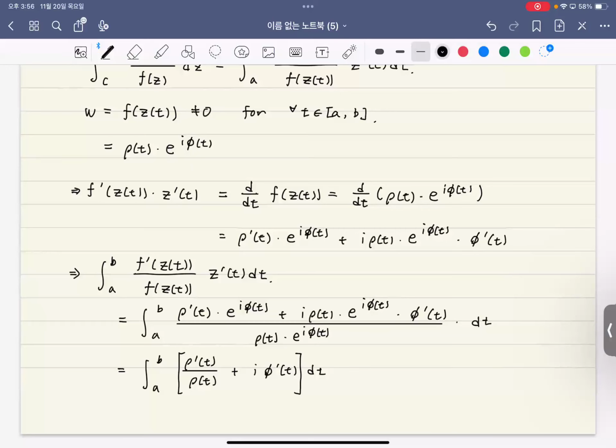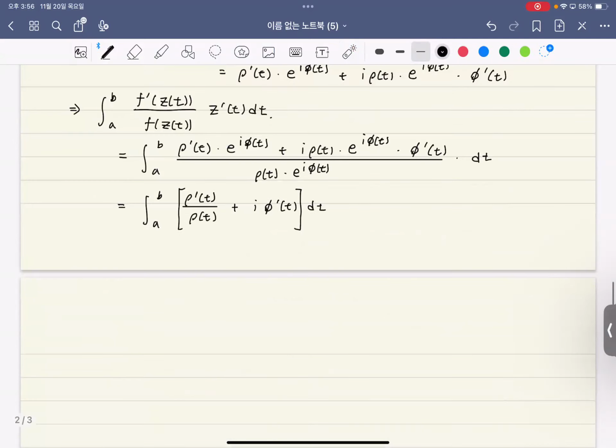Okay, all right. Now, this first term is about real integration, the integration in the sense of freshman calculus. So you know how to deal with this. So the first term is actually the natural log of rho of t evaluated from a to b, plus i times this guy.